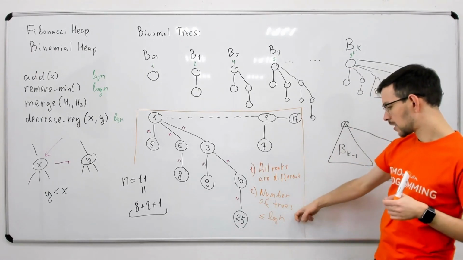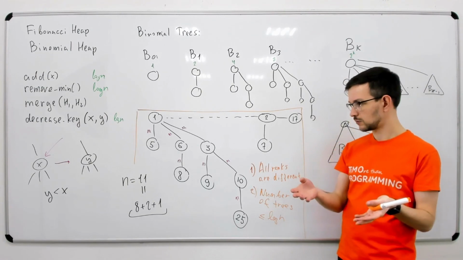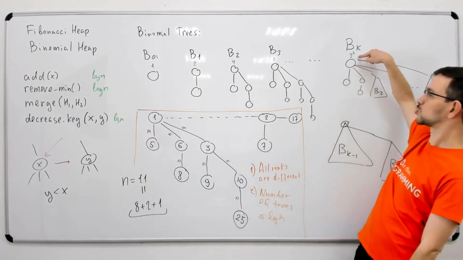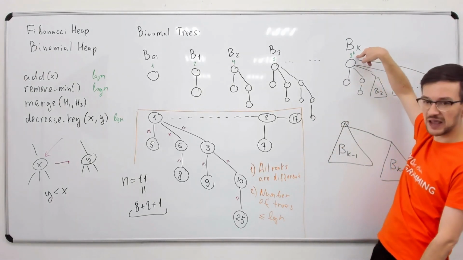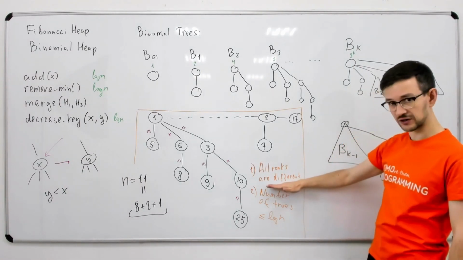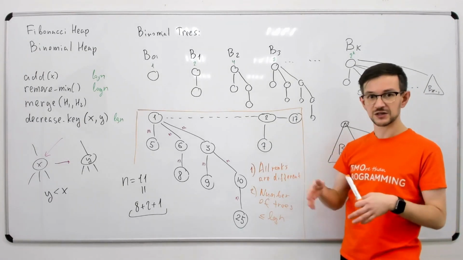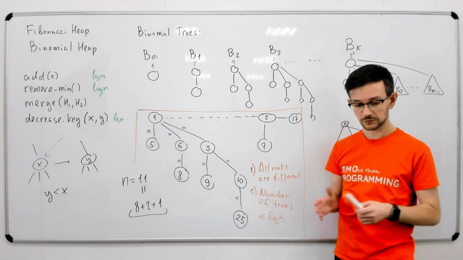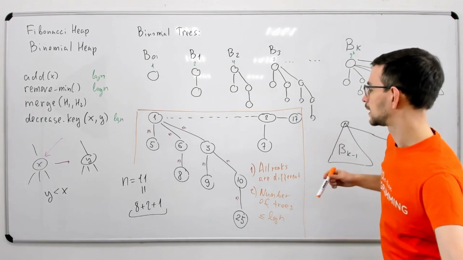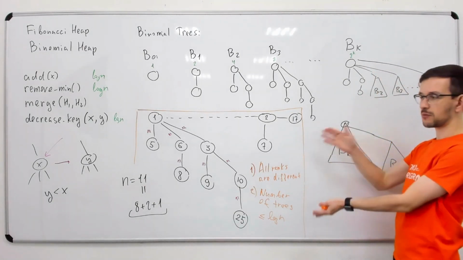And the second is, because tree of rank k contains 2 in power of k elements, this k shouldn't be more than logarithm of n. And if all ranks are different, and ranks are no more than logarithm, then the number of trees is at most logarithm. Cool. That's all. That's the binomial heap.